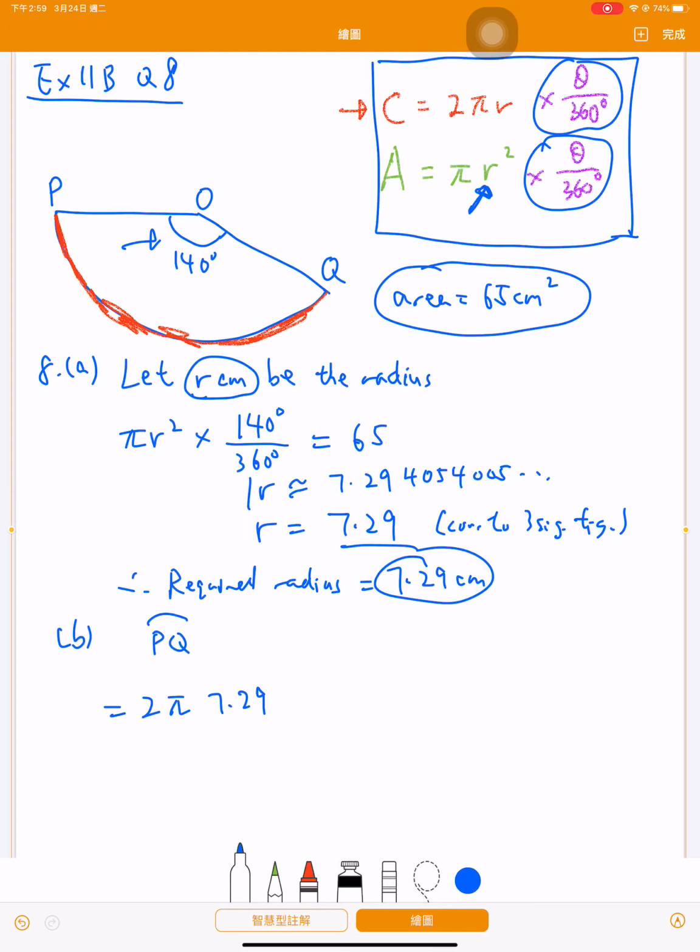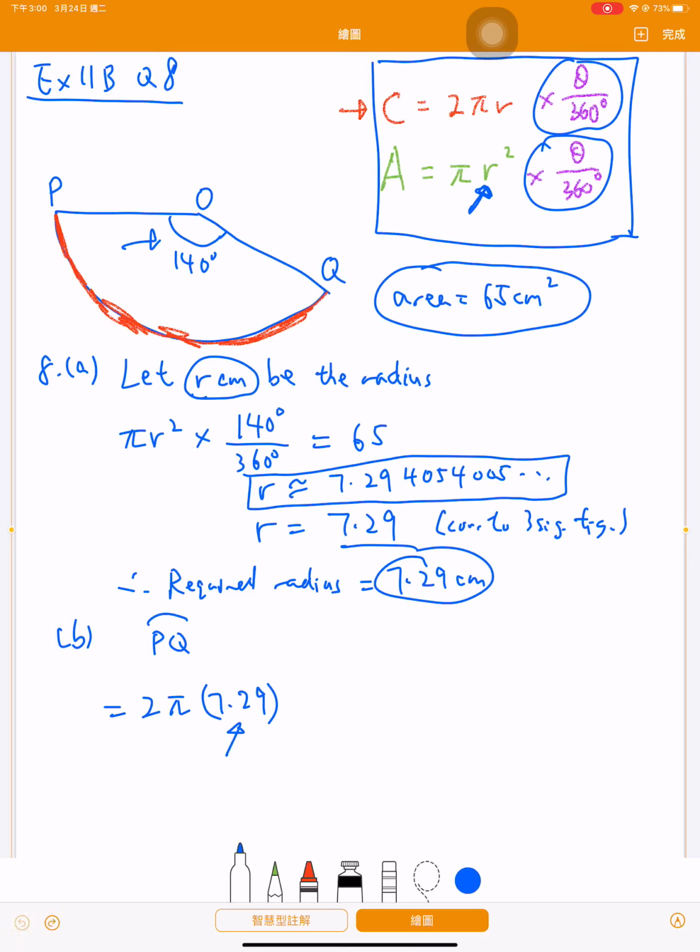Of course, this part we don't need to write it down in the steps. But we know that the r has more numbers behind the 9, right? So if you write down 2 pi times 7.29, this one is not the exact value. Then you may have error in the answer here.